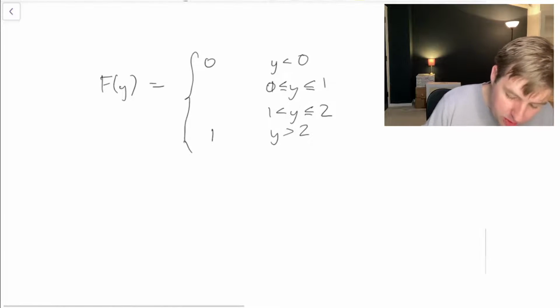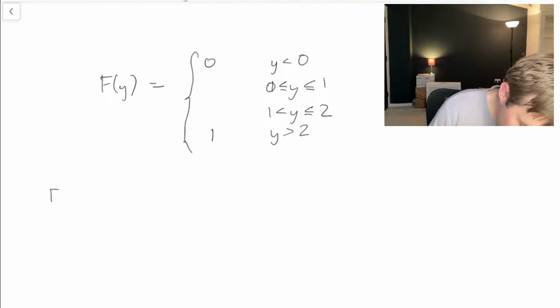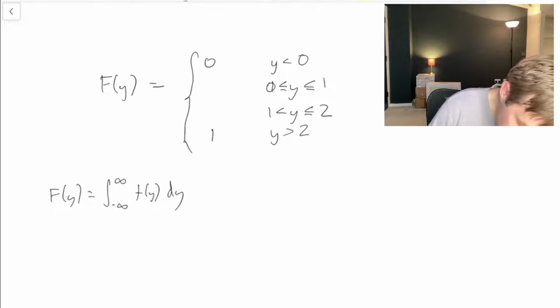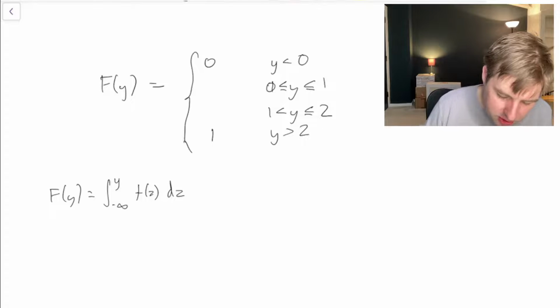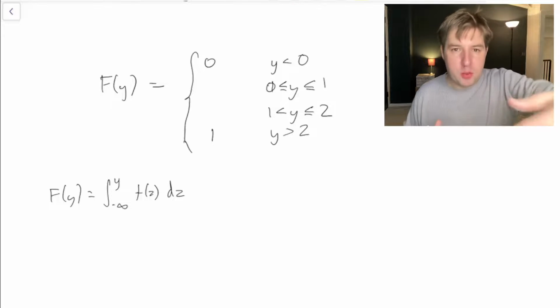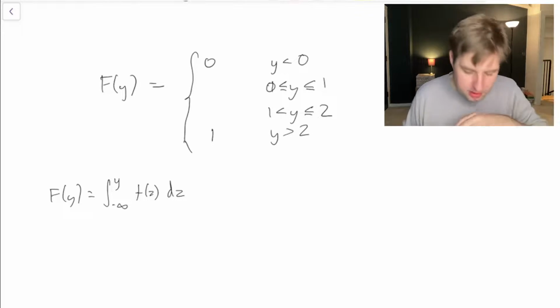So let's do the y between 0 and 1 first. If y is between 0 and 1, we don't have to worry about up until 0 because that's all 0.